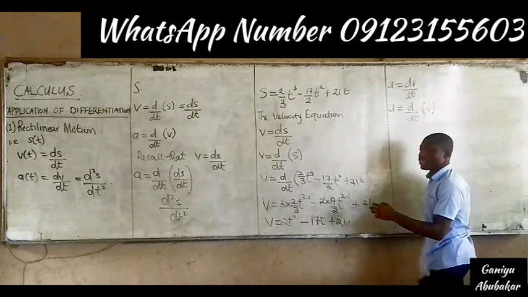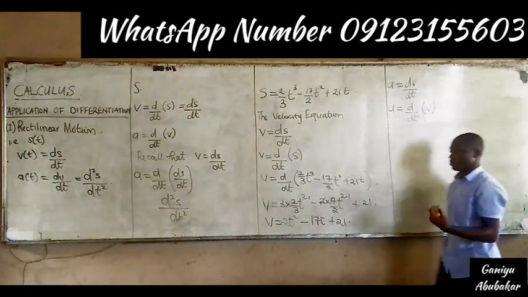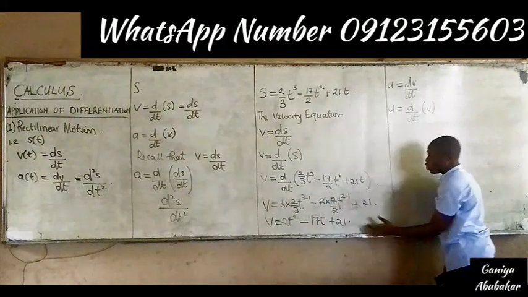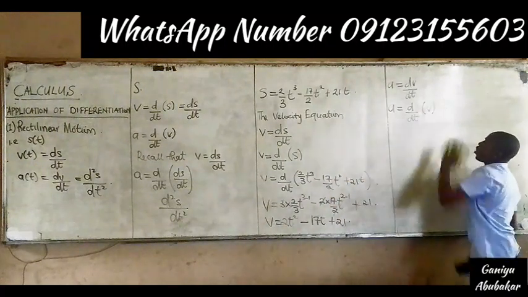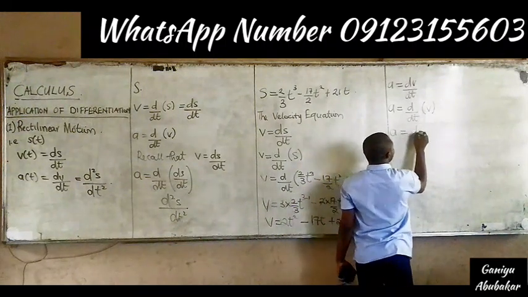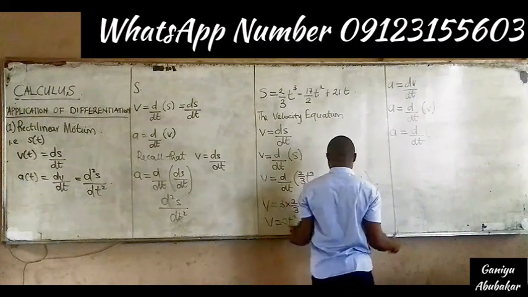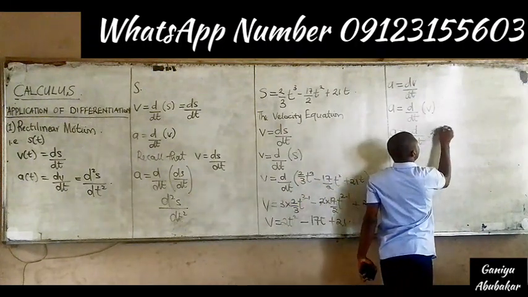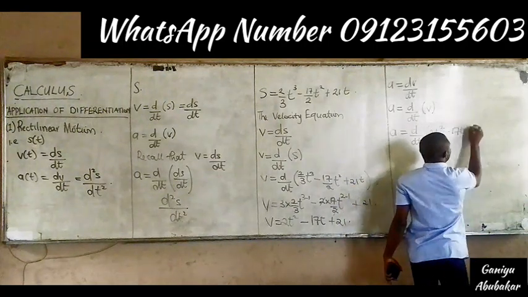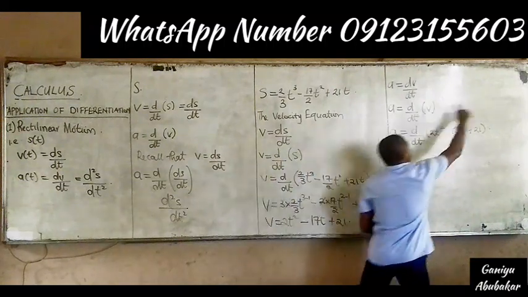So putting all this value here, acceleration is equal to d over dt of v, which is 2t squared, next minus 17t, next plus 21. I'm done. Alright, let's differentiate this one again.